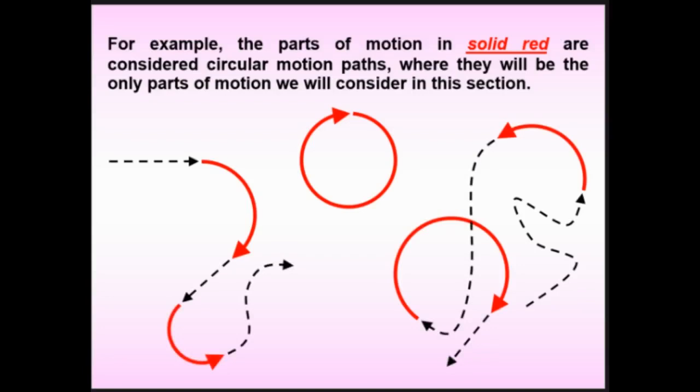Whenever you can perfectly see that there is a circular part of the motion, can you imagine a full circle from this? Yes, you can. Right here, right here, right here, and right here as well. So those red sections, we can definitely apply today's equations to. Only those red sections.